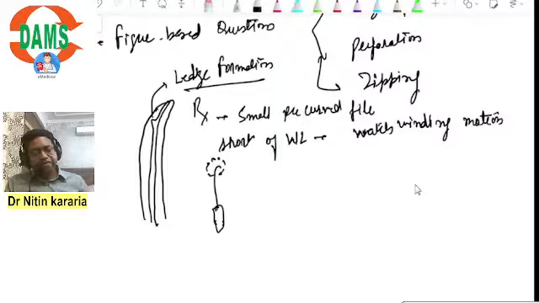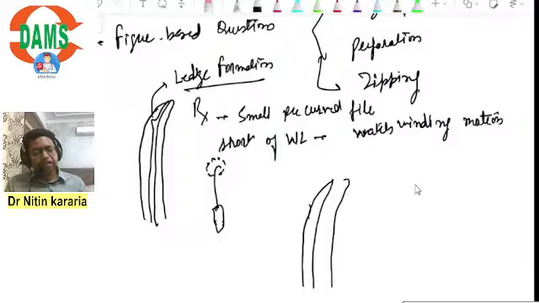Okay, perforation means there would be a figure like this, apical perforation. The root canal, instead of constricted, has become like this. It indicates apical perforation.